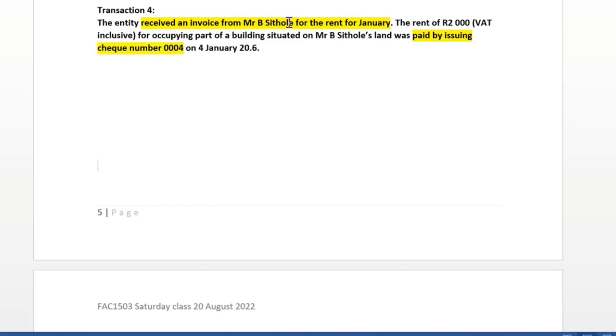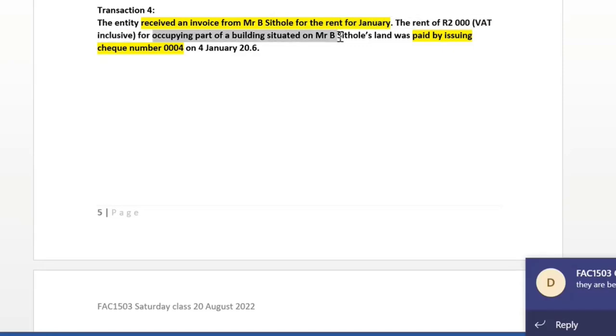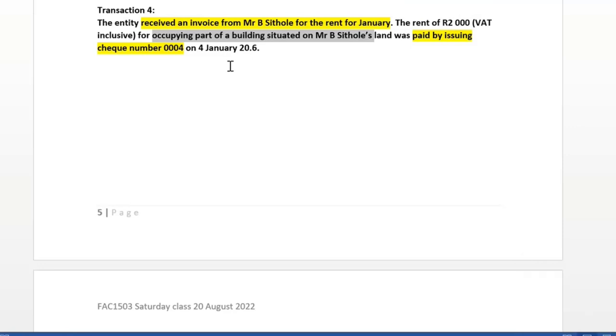Why are they receiving an invoice from Mr. Bisitole? Because BS Electrical is occupying part of a building situated on Mr. Bisitole's land. They are being billed for a rental.